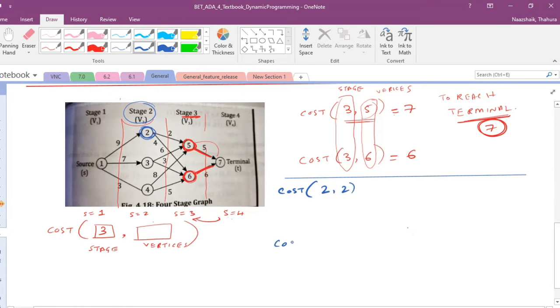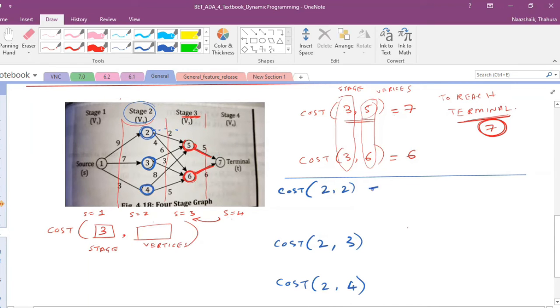You also have to find the cost of stage 2 with vertex 3, and you have to find the cost of stage 2 from vertex 4. Okay. And what cost you have to find? From 2, how do you go to 7? That's what you have to find. Okay. In between, you can pick any of the previous costs.